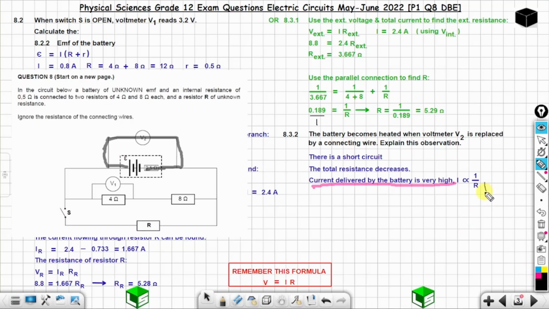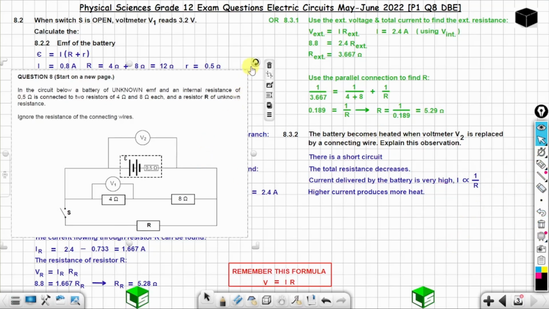So total resistance decreases, and the current delivered by the battery increases. It is very high. Because of this, you have higher current. Higher current produces more heat. This is why the battery is heating. Okay, so we are done with this question.